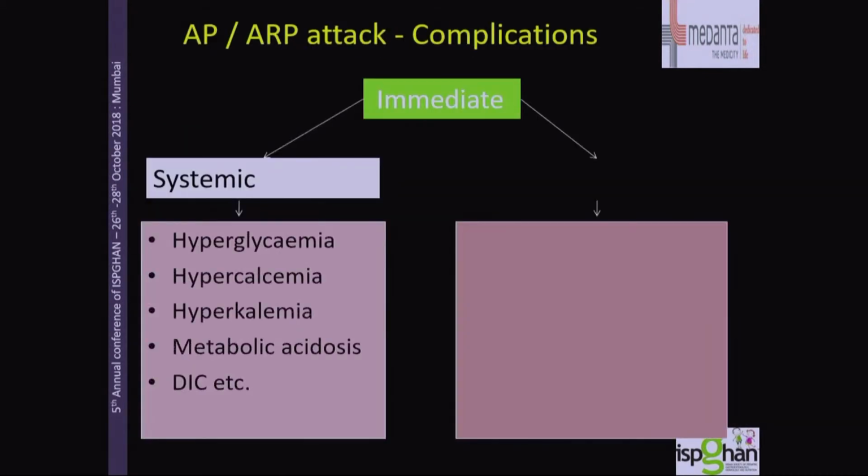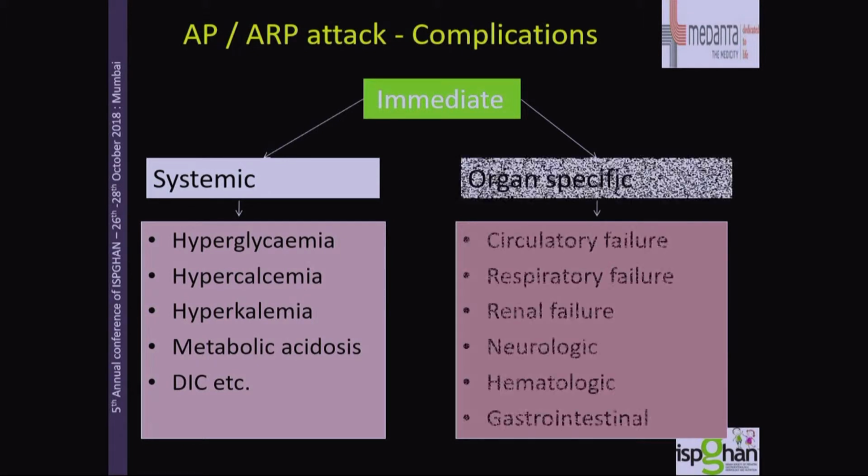For the immediate complications, we usually look for the metabolic ones, like sugars, calcium, potassium, acidosis, etc. And then this is the key management of the patient, where you are looking for circulatory failure. And I will give you one slide after this: respiratory, renal, neurological, hematological, gastrointestinal.